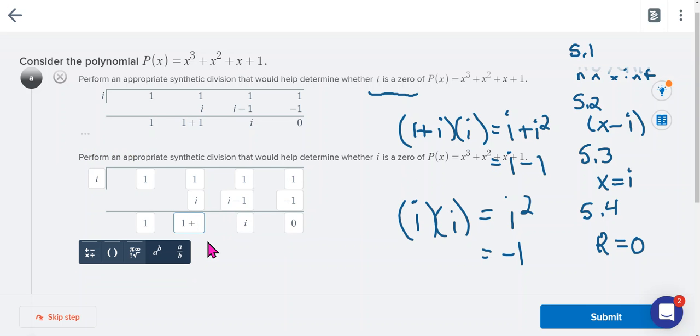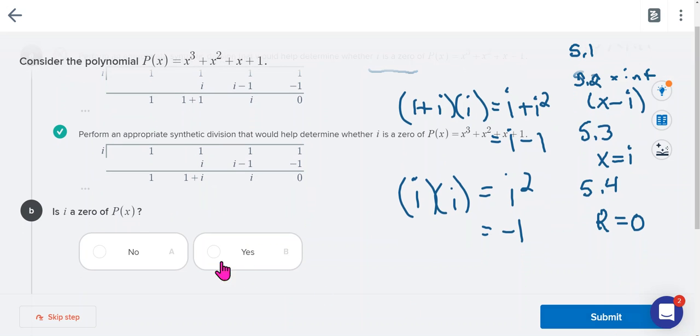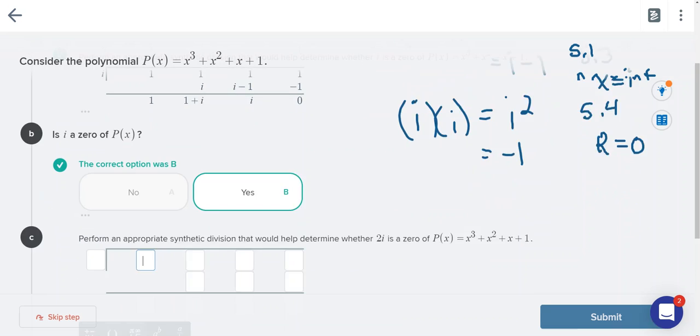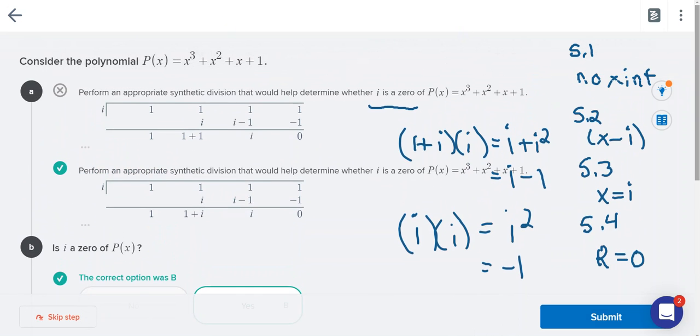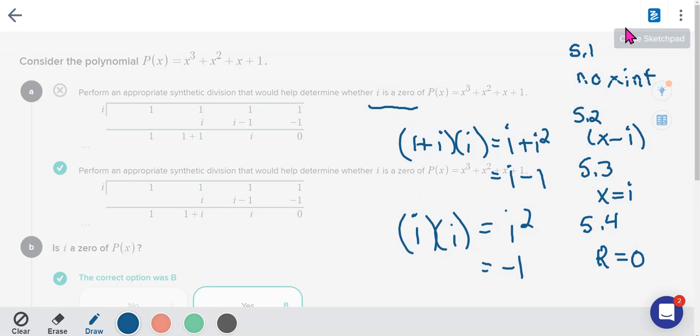Oh, that's because I mistyped. Okay, let's try that. All right, is it a 0? Yes. Now, just as some side information here, if i is a 0, so is negative i because of the conjugate root theorem.